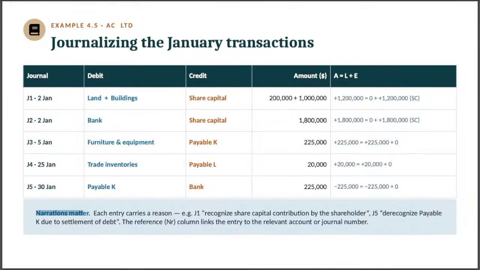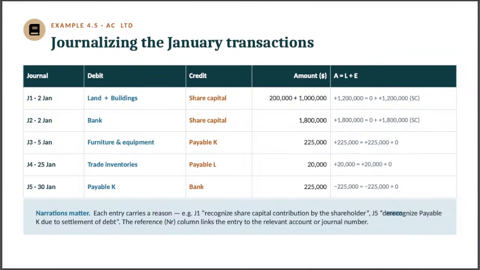So narrations matter. Each entry carries a reason. Example given, J1. So I was skipping the little journal entry numbers here. So each line, journal 1, journal 2, journal 3, journal 4, and journal 5. Example given is journal 1, recognize share capital contribution by shareholder.